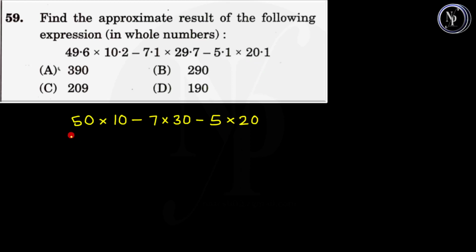Now let us multiply and then subtract. 50 into 10 is 500 minus 7 into 30 is 210 minus 5 into 20 is 100. Here we have 210 and 100 with minus signs.